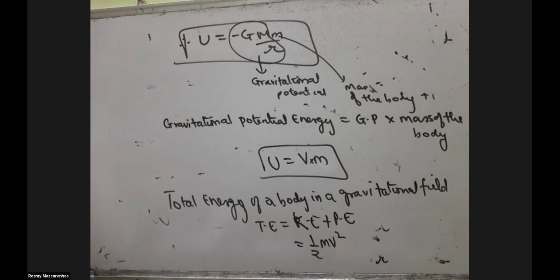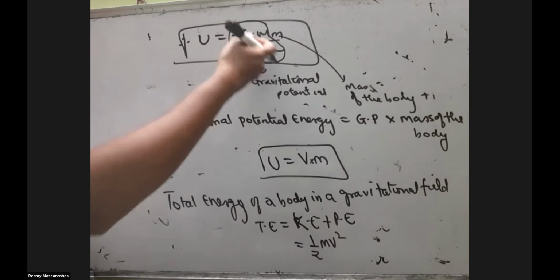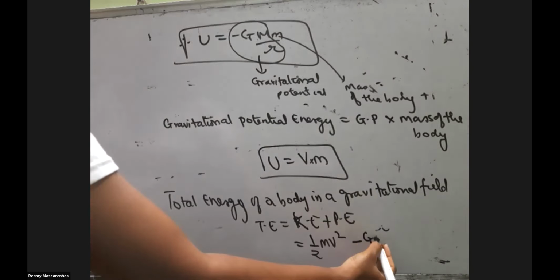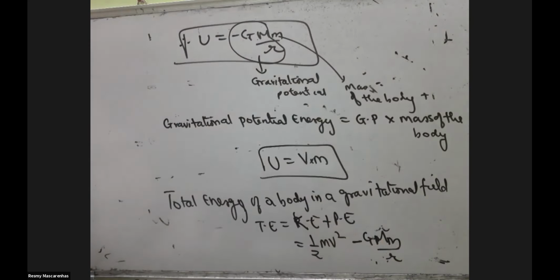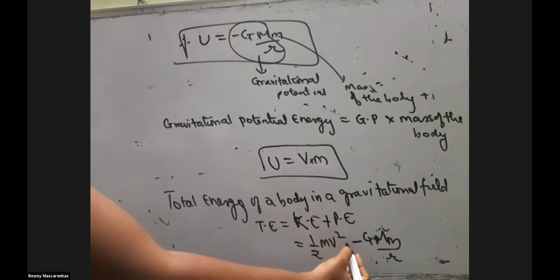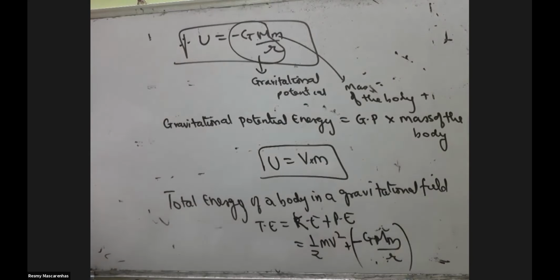And potential energy, just now we saw, is this formula. Basically there's a plus sign, then minus. Okay, so this is about the gravitational potential and the potential energy.